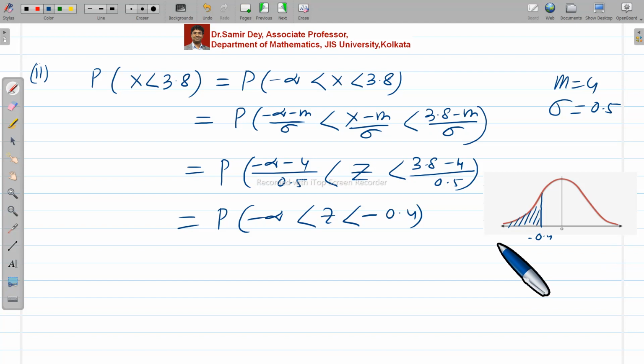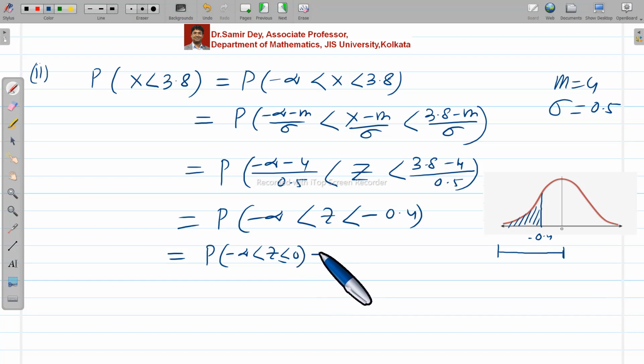From here we may write this minus this, the total value minus probability minus infinity less than Z less than or equal to 0, minus probability minus 0.4 less than Z less than 0.